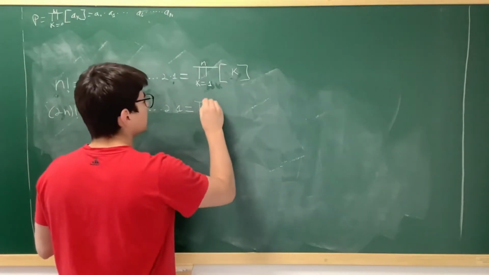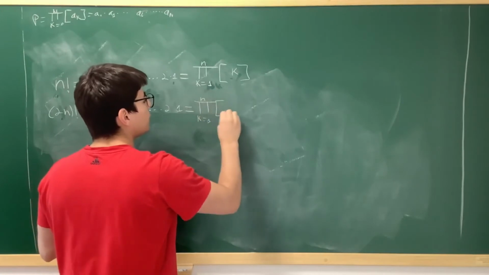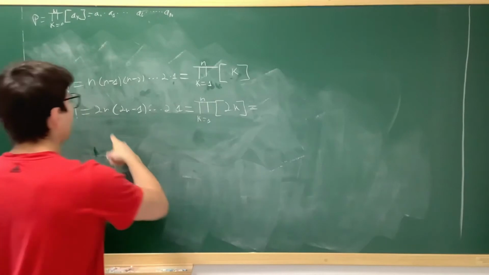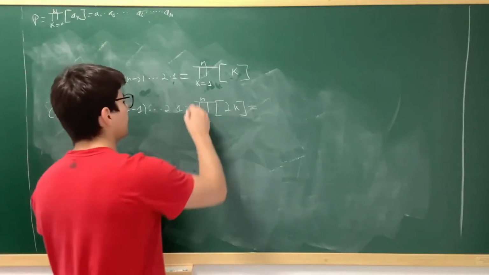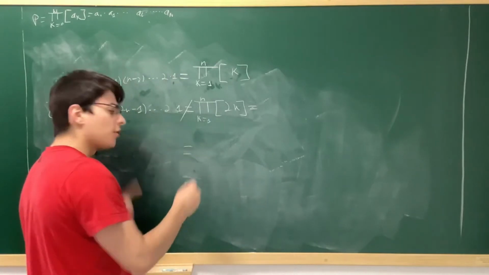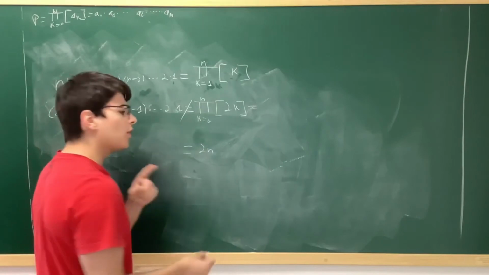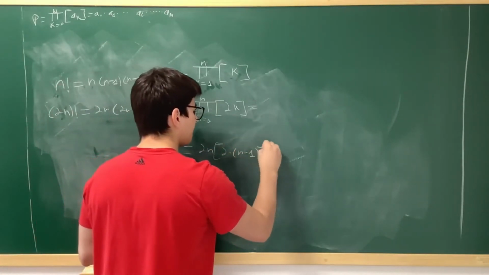So this will be a product of k equals 1 to n of 2k. So what do we get? Well, we get 2n minus 1, but hey, this does not work. Why doesn't it work? Well, for n we do get 2n, okay, this is fine. But for n minus 1, we get 2 times n minus 1.